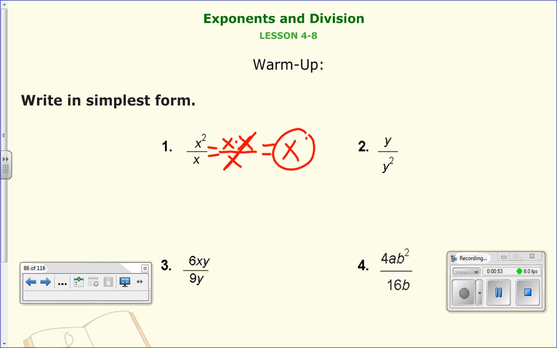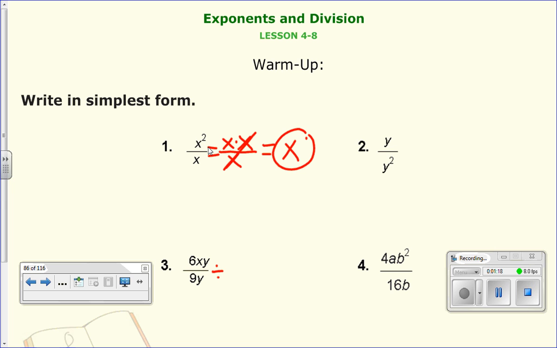If I go to number 3, however, it's a little different this time. We have 6 times x times y divided by 9 times y. This time we don't just have variables, we have coefficients in there too. So here you have to also divide out any number that both 6 and 9 have in common. The factors of 6 are 1, 2, 3, and 6.